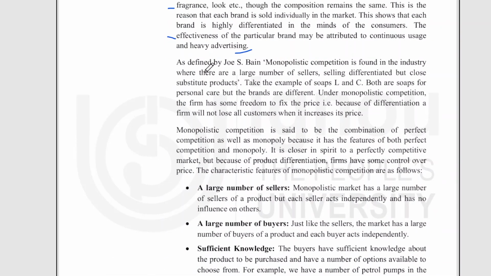As defined by Joe S. Bain, monopolistic competition is found in an industry where there are a large number of sellers selling differentiated but close substitute products. Take the example of soap L and soap C. Both are soaps for personal care, but the brands are different, and under monopolistic competition the firm has some freedom to fix the price, and because of differentiation a firm will not lose all customers when it increases its price.